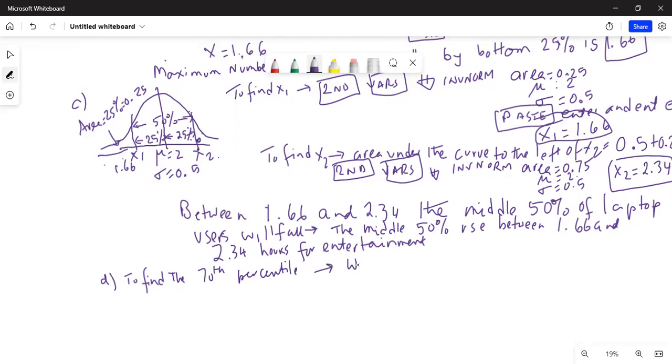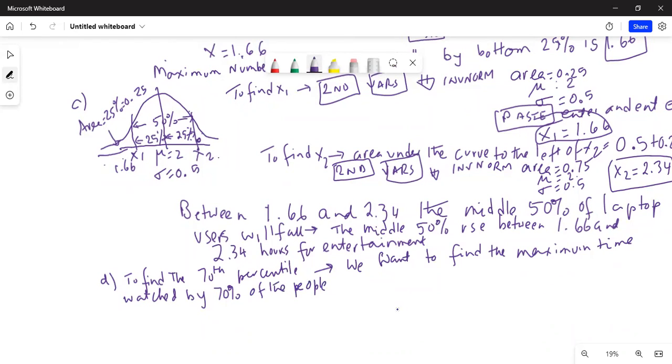We want to find the maximum value, maximum time watched by the 70% of the people.